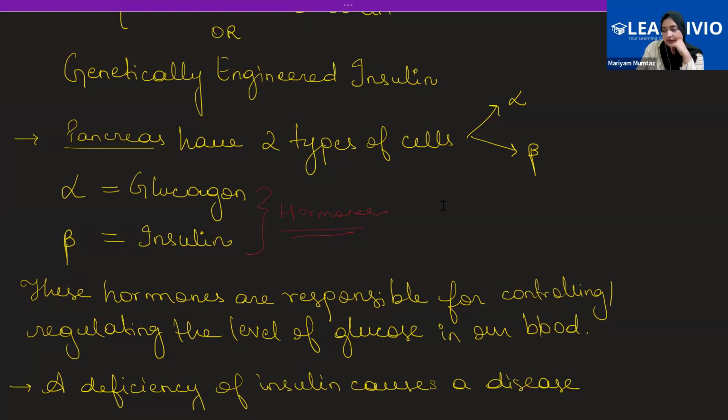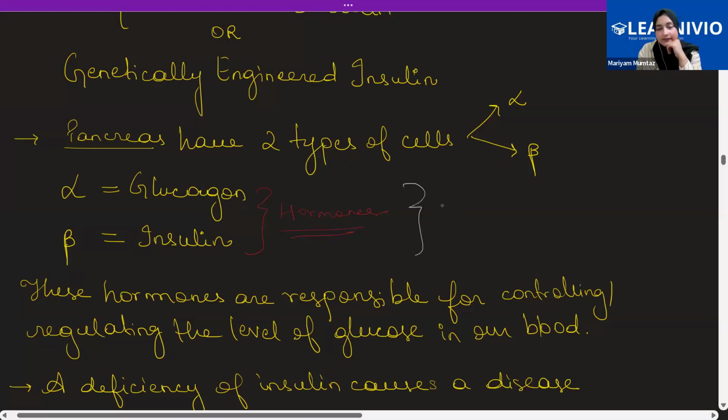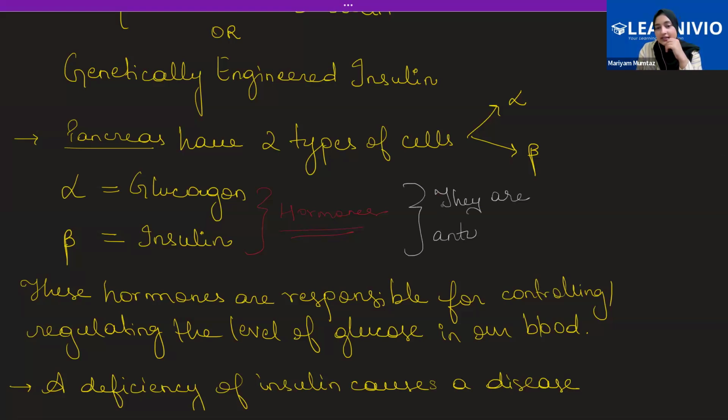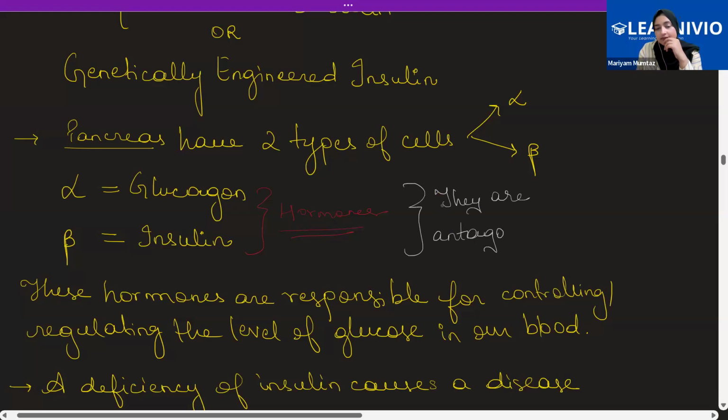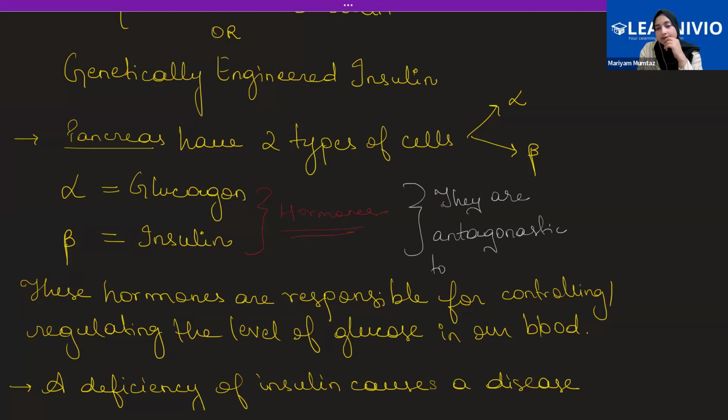Okay, so we can also mention one more point that they are antagonistic to each other. So these two hormones are antagonistic to each other, meaning they act against each other.